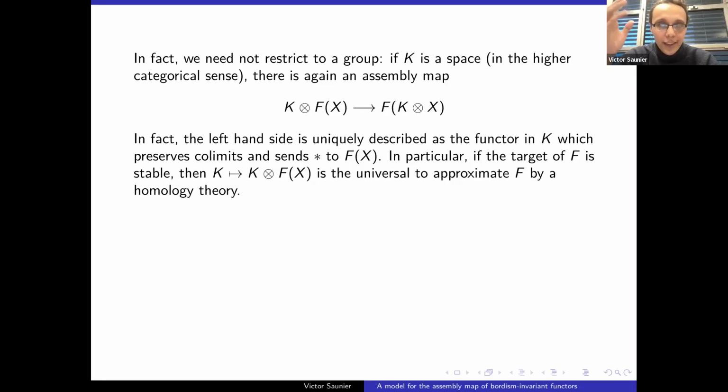So this assembly map is trying to compare the homology theory of F of x and F of the homology theory. It's the universal way to approximate your functor F by a homology theory.